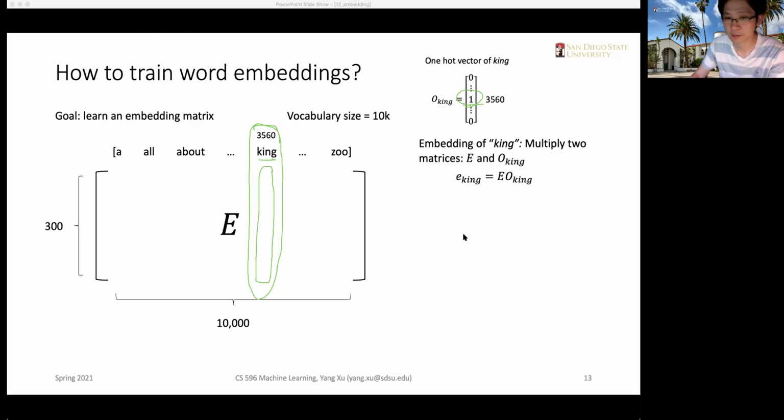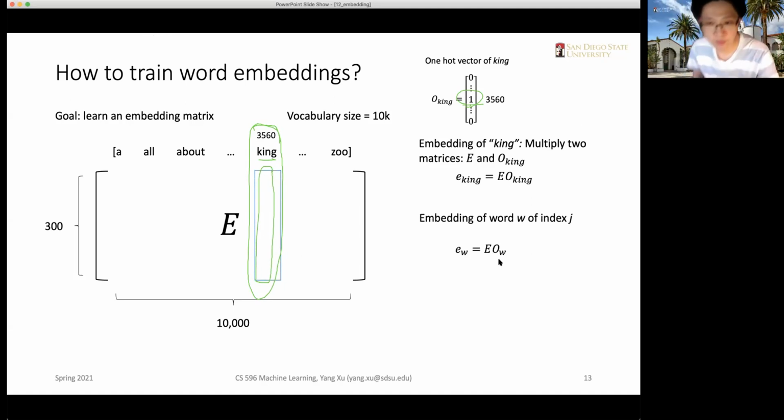So that is how we arrange the parameters here. So the embedding for a word of index j, we can use this general notation to indicate how we obtain the embedding for a certain word w with index j, right? And o_w is the one-hot encoding.